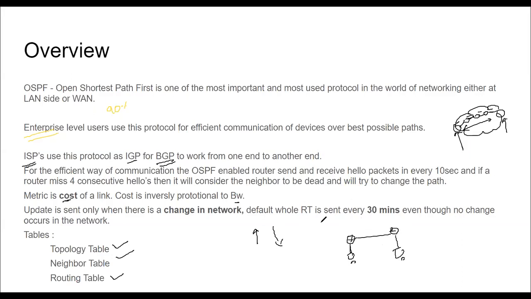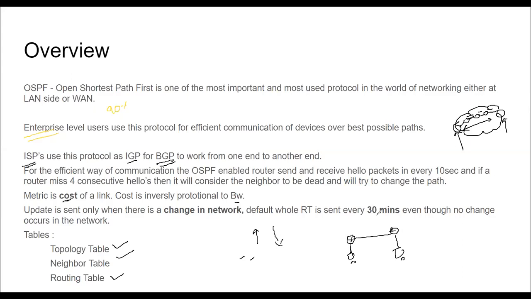In the older protocols like RIP and EIGRP, a refresh packet went out every so often to refresh the whole routing table. But here, only when there is a change in the network, a frame goes with the change information.